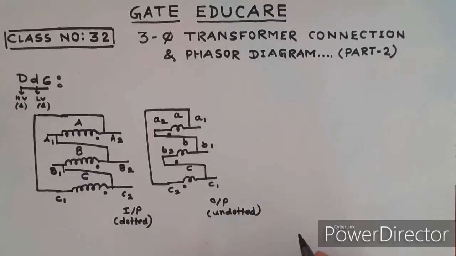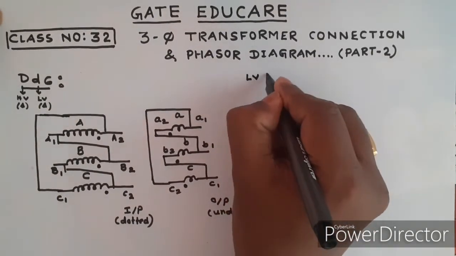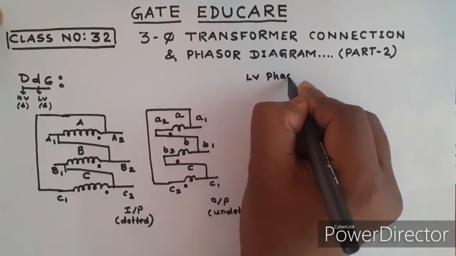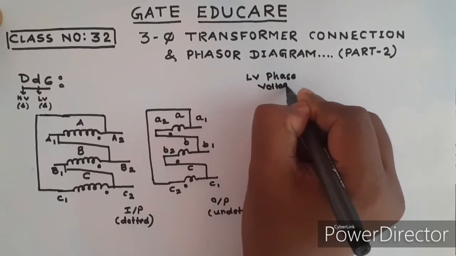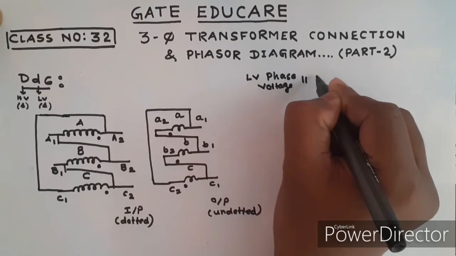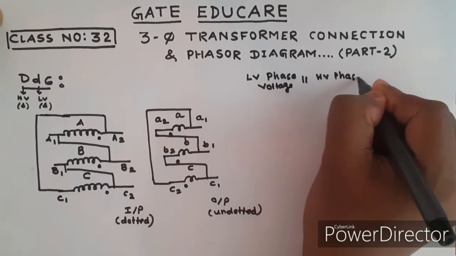As I explained in part 1 class, for drawing a phasor diagram, the low voltage phase voltage must be parallel to the high voltage phase voltage, not the line voltage.